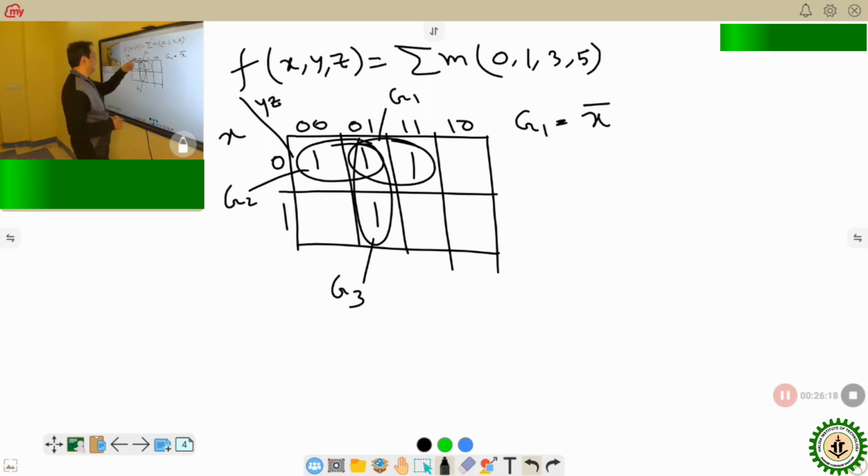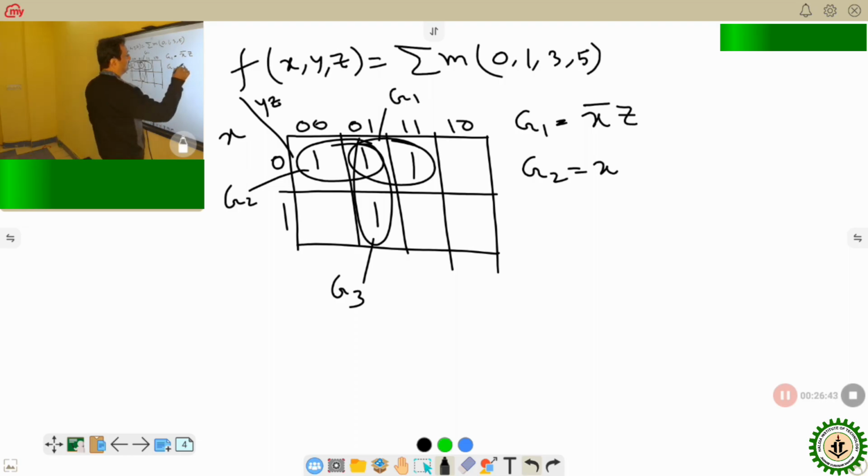And the other unchanged variable is z. So group 1 is equal to x bar z. Next, if I consider group 2, the unchanged variables are x and y. The value of x is 0 and the value of y is 0. So that is why x bar y bar.